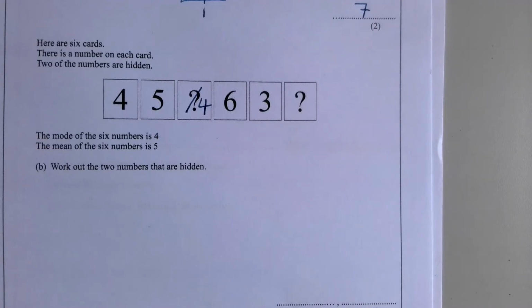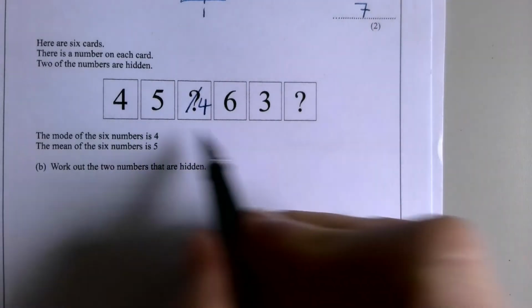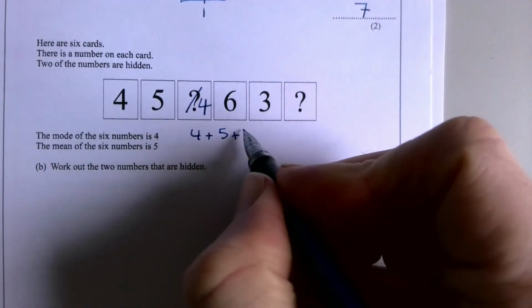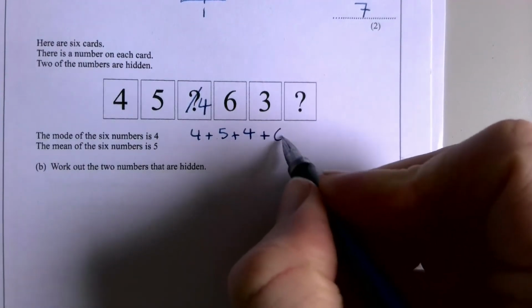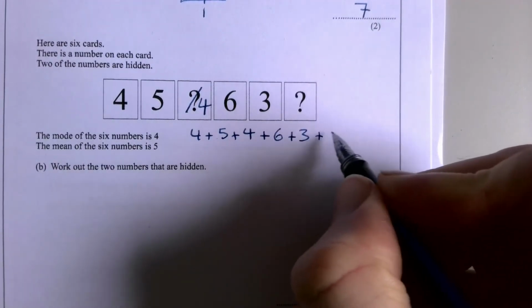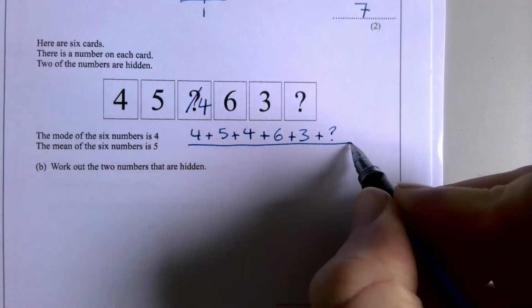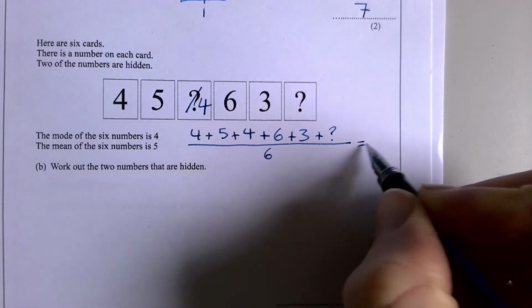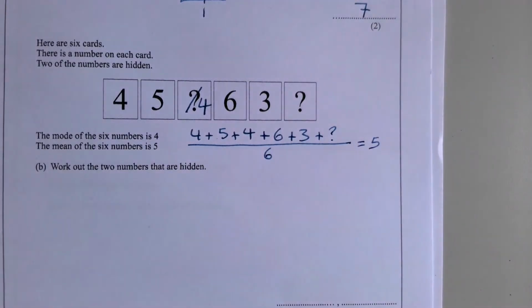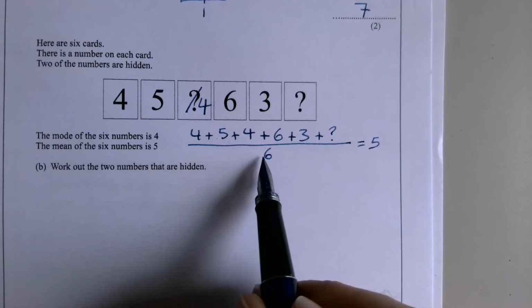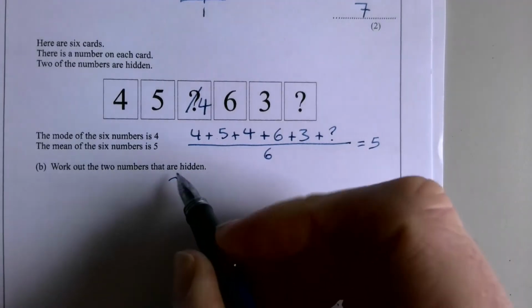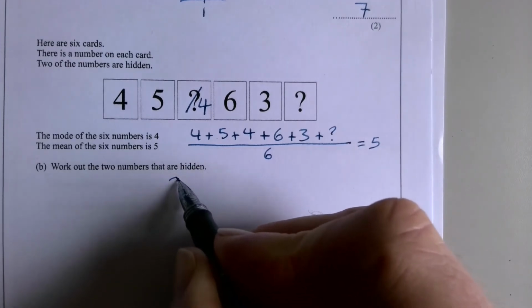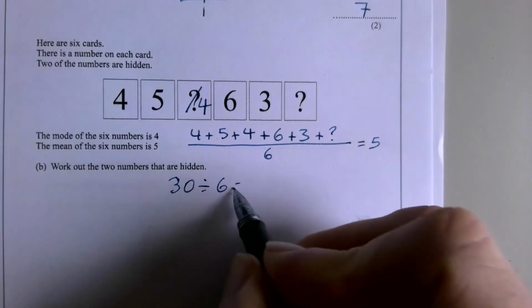Now, how do we work out the mean? We add them all up and divide by how many numbers there are. So what we've got here, 4 plus 5 plus 4 plus 6 plus 3 plus something, all divided by 6 is giving us 5. Well, if this number here divided by 6 is 5, then that number must be 30, because 30 divided by 6 is 5.